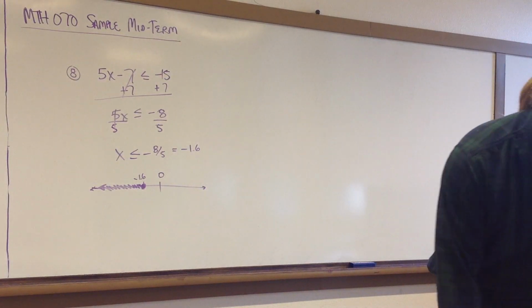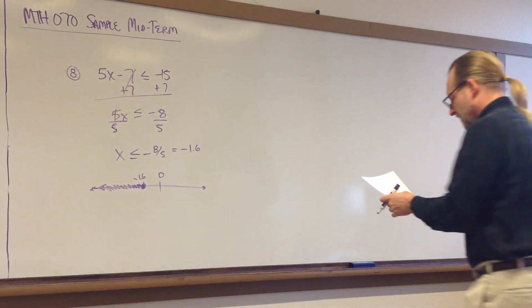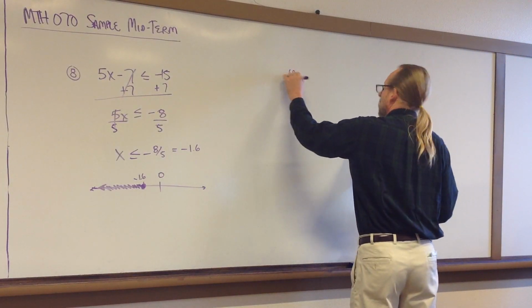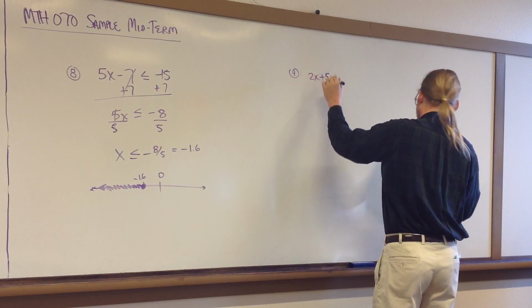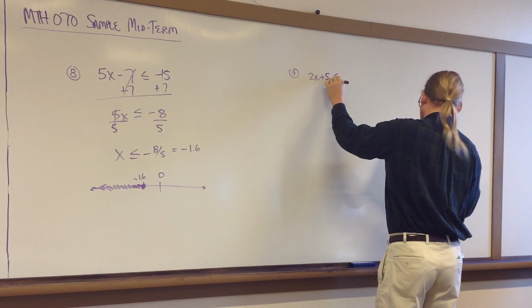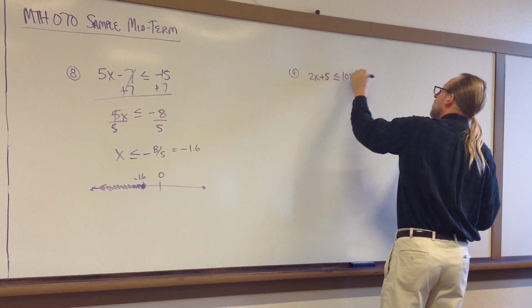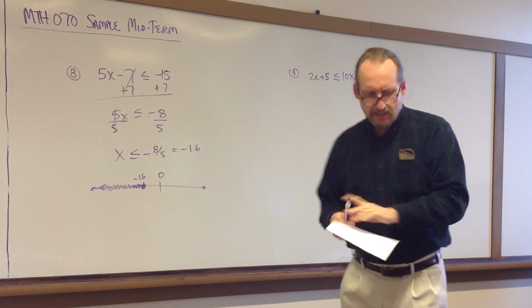Let's see here. Problem 9. 2x plus 5 less than or equal to 10x plus 17.